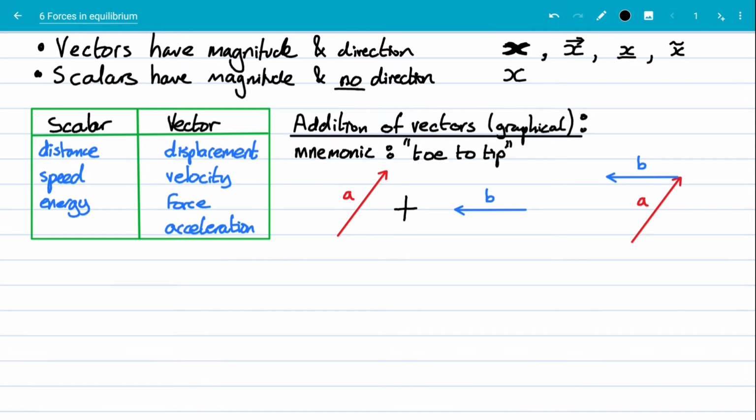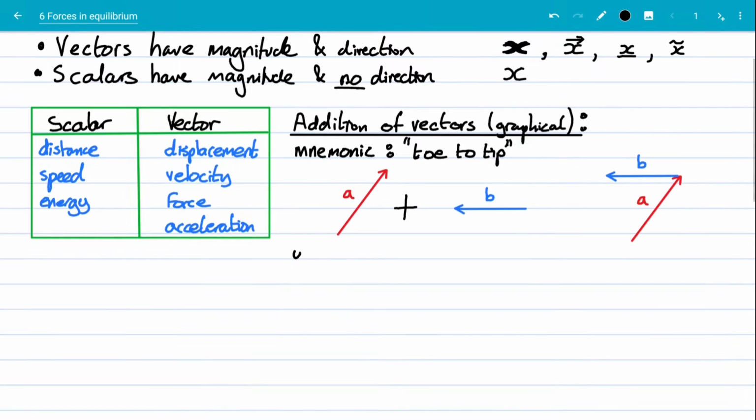We choose our scale, and we do it using a scale diagram. So using a scale diagram, this is GCSE level.